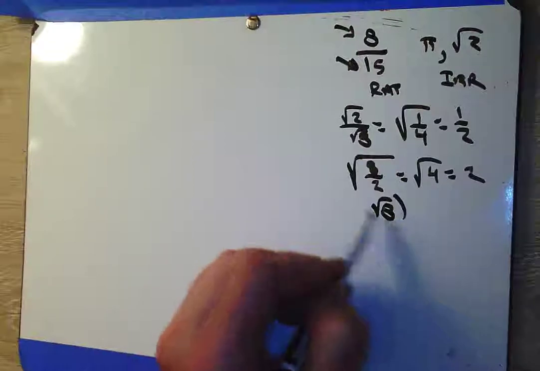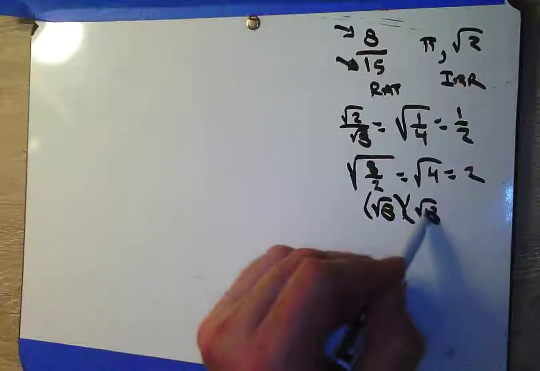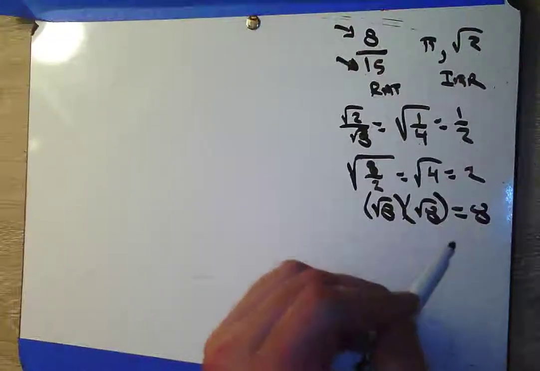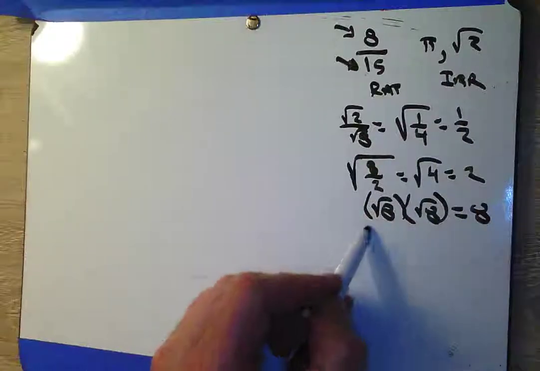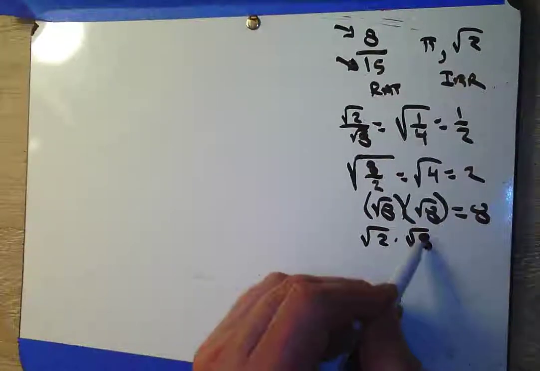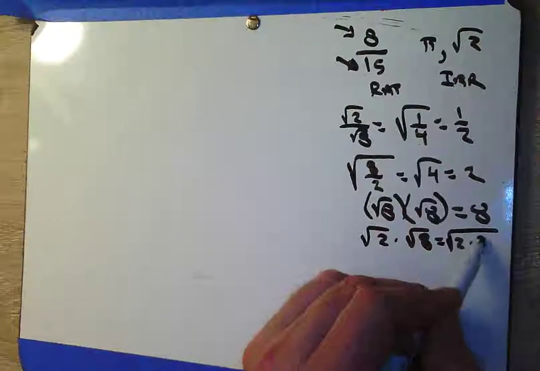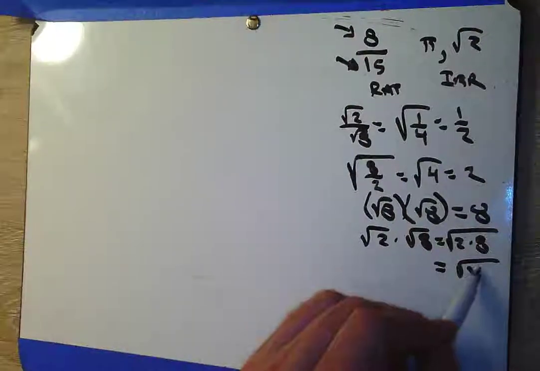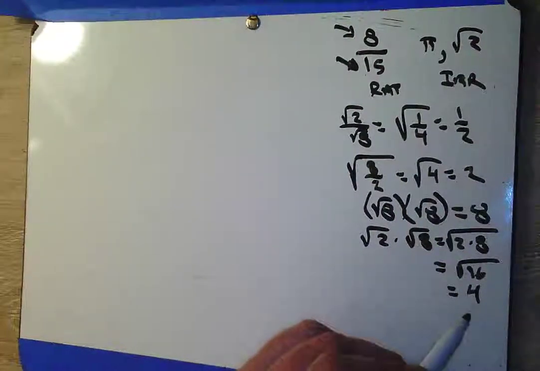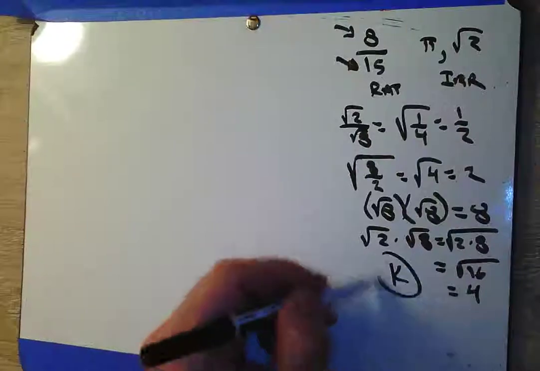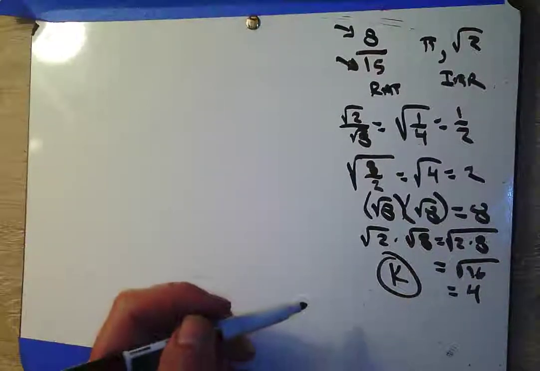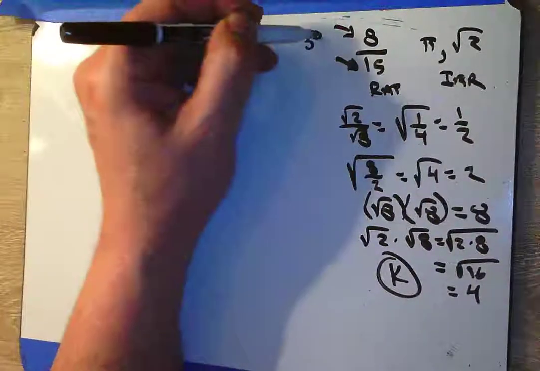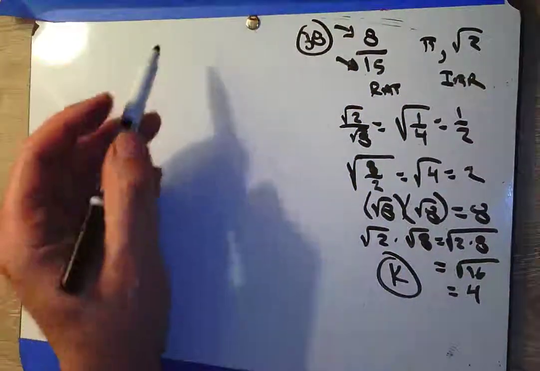Square root of 8 times square root of 8 is 8, that's rational. Square root of 2 times square root of 8 is square root of 2 times 8, or square root of 16, which is 4. That's rational. So by process of elimination, choice K is my answer to problem number 38. 39.